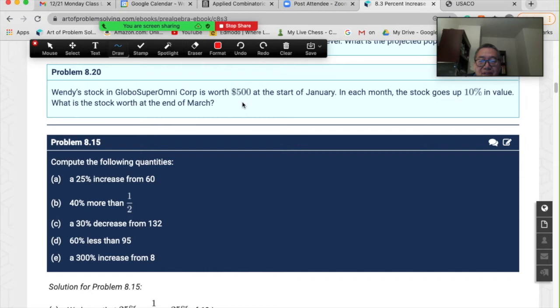So first you can write at the end of January, that equals 500 times 1.1, so you got $550. Then at the end of February, that equals 550 times 1.1.